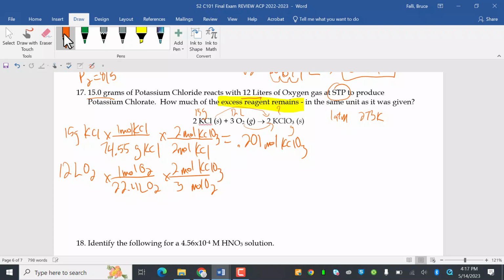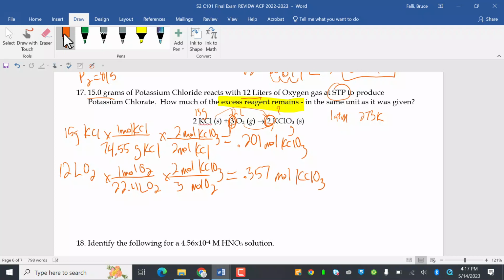Again, we've got coefficients here. These have to equal each other, right? So 3 moles of oxygen will give me 2 moles of KClO3. And I will then do that math. 12 divided by 22.4 times 2 divided by 3 is 0.357. And that's moles of KClO3.